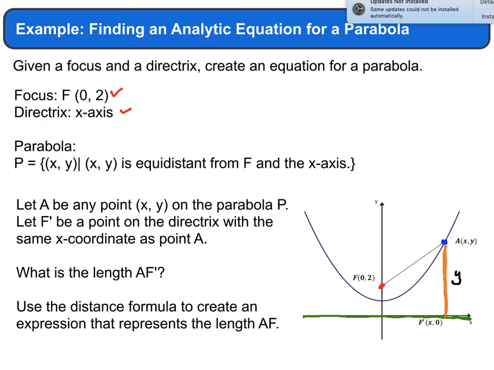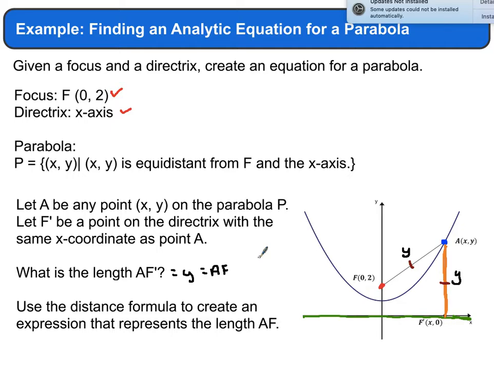Now again, the whole secret behind this, if you've been paying attention, is that this line is congruent to this line. So I know a secret, that this distance is also y. That is what's going to allow us to go to our next part. So AF prime is equal to y, which is also equal to AF, if we want to make that note as well. They're both equal to y.